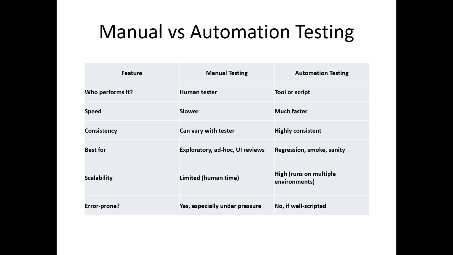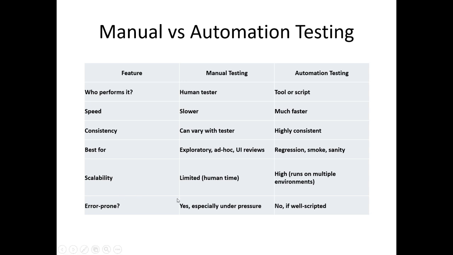But in automation, if we create a script for 100 test cases, the same test cases will run in Chrome, Internet Explorer, Firefox, wherever we need, even on Windows or Linux machines. That's why it is more scalable compared to manual testing.